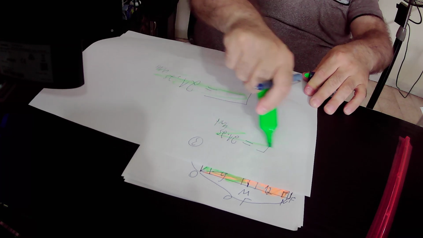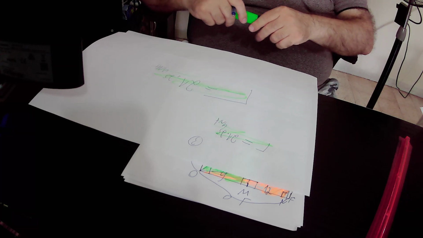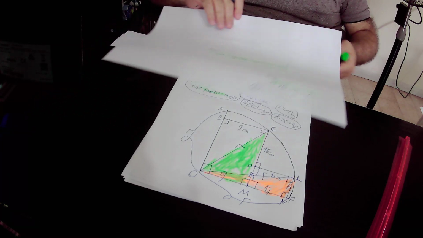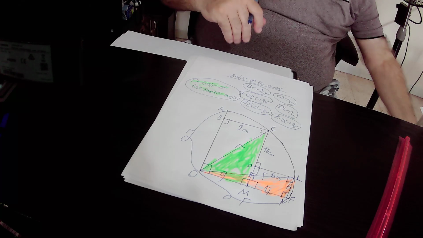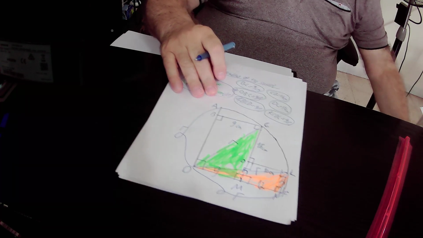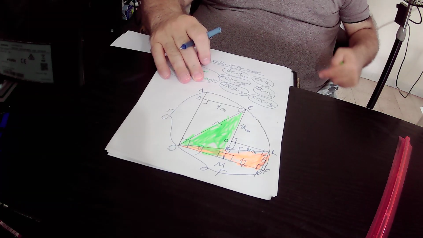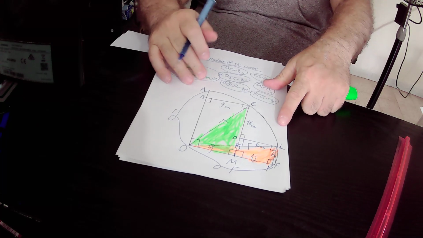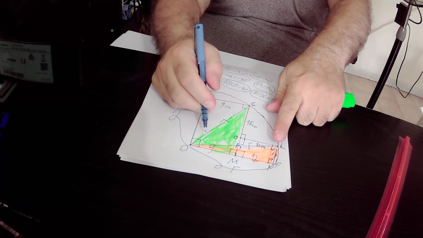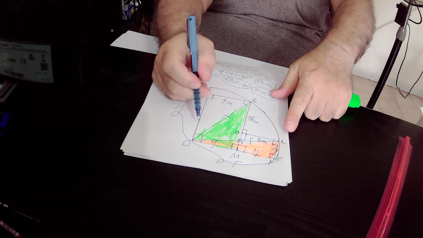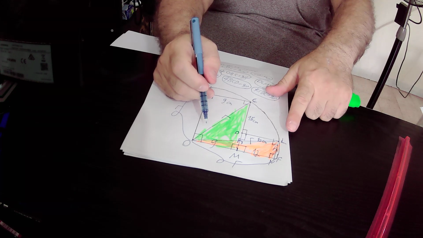Okay, and we actually got a result that is according to our expectations. ON equals to 21 units and the radius OF equals to 21.25 units.